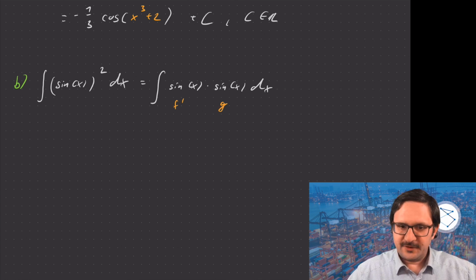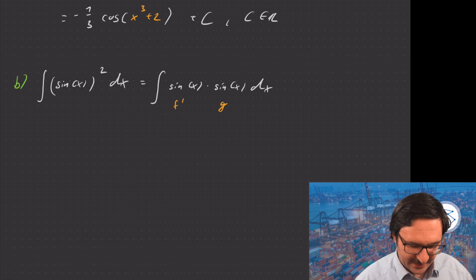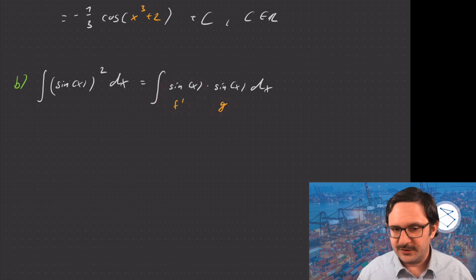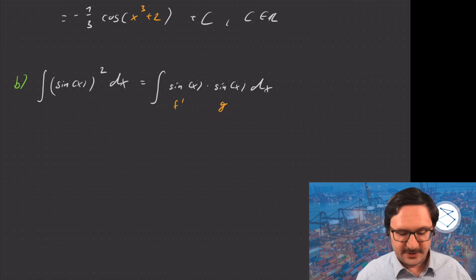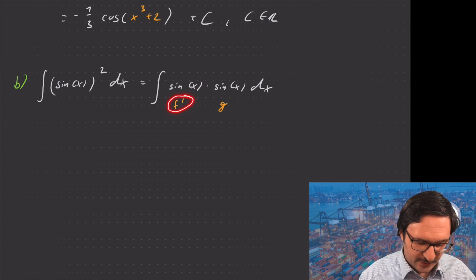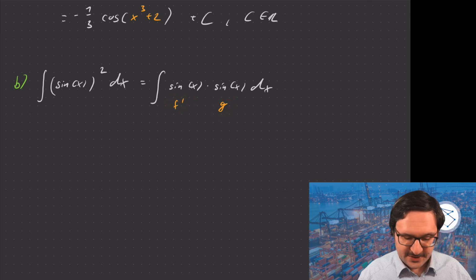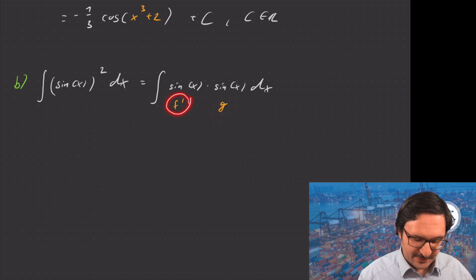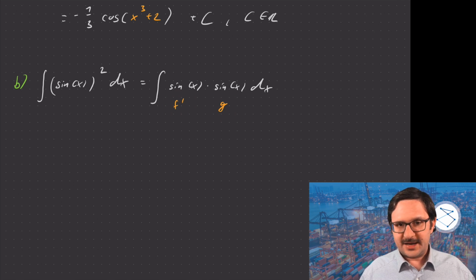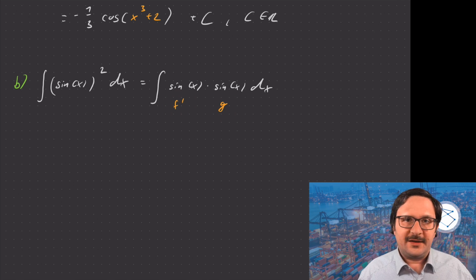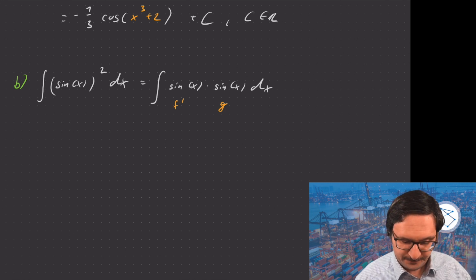As an advice for the exam, you should always indicate something like this, f prime, g, or whatever you want to use here, so that the corrector knows what your intentions were. That signifies you were going to do integration by parts and you were going to use this as f prime and this as g. And even if you make an error in the next step, maybe you can still get some credits for at least having the correct idea here.